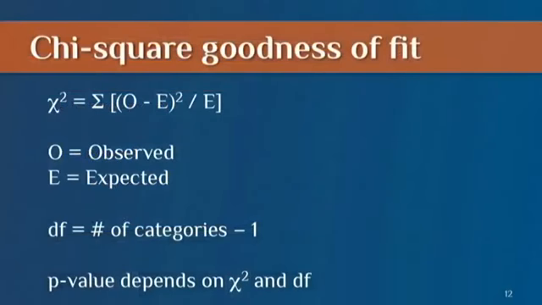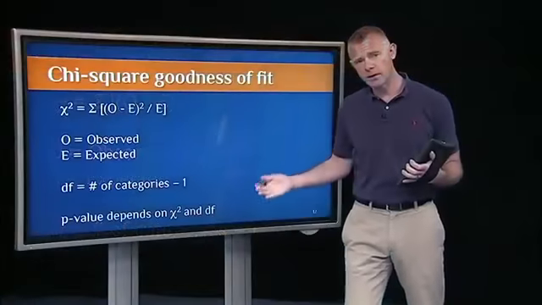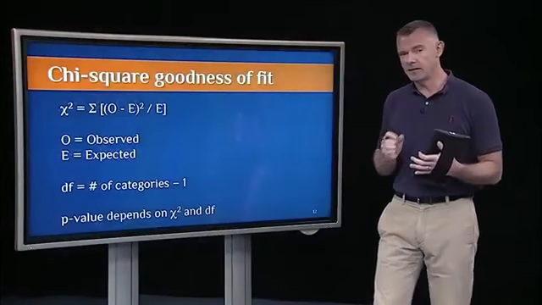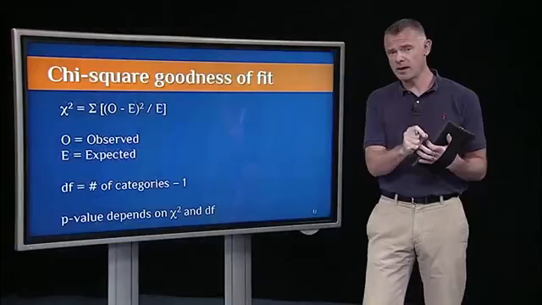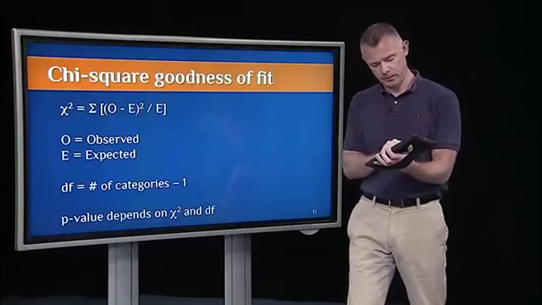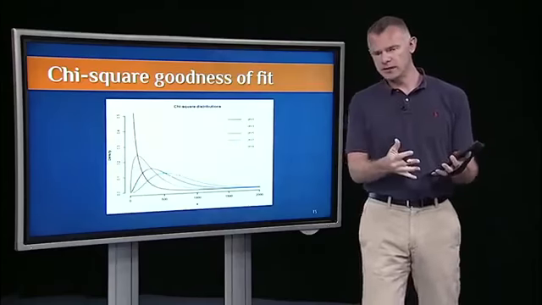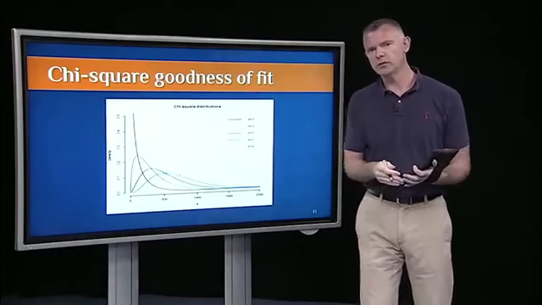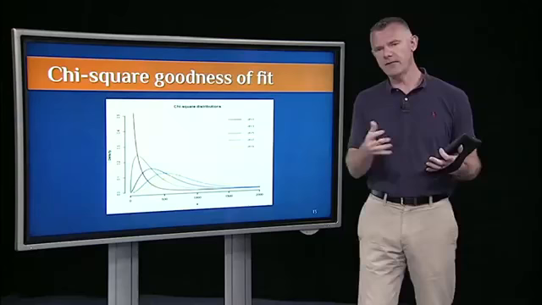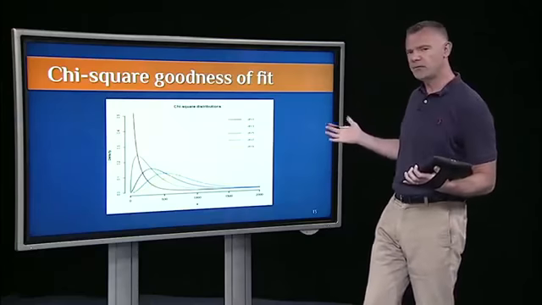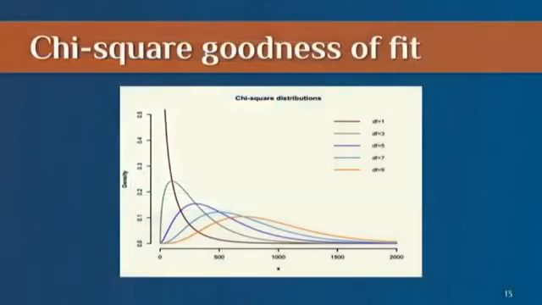Degrees of freedom in the chi-square test of goodness of fit is number of categories minus 1. And of course, the p-value is going to depend on the actual chi-square value that we get and degrees of freedom. Just like we had the family of t distributions for the t-test and the family of F distributions for the F-test, we now have this family of chi-square distributions.